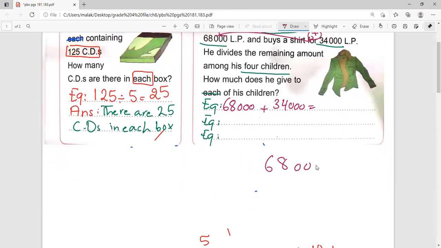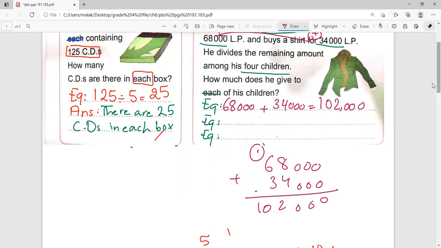So we are adding them. Okay. Sorry, 34, not 43. 0, 0, 0. 8 plus 4, 9, 10, 11, 12, 7, 8, 9, 6, 9, 10. So it's 102,000.